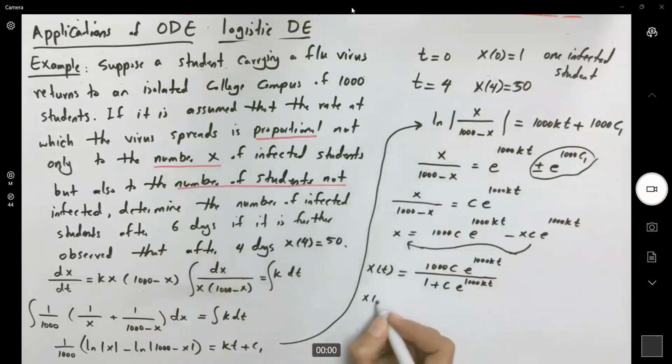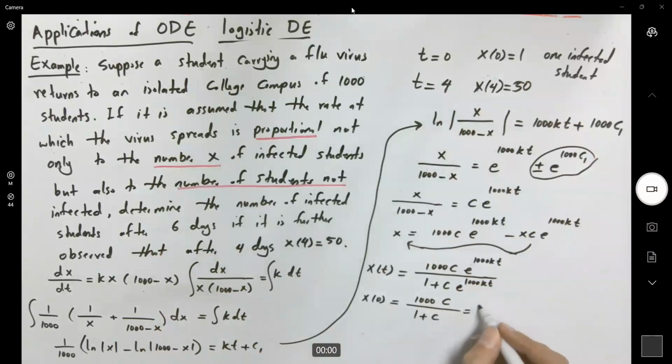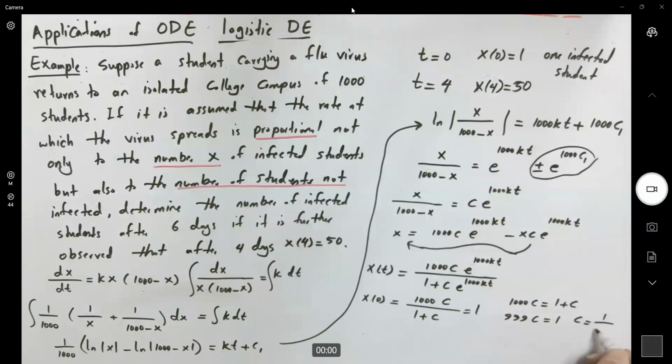Well, x of 0 equals 1. It is 1,000 c divided by 1 plus c. This is equal to 1. So 1,000 c is 1 plus c, so 999 c equals 1. C is 1 over 999. This is our C. We found C.